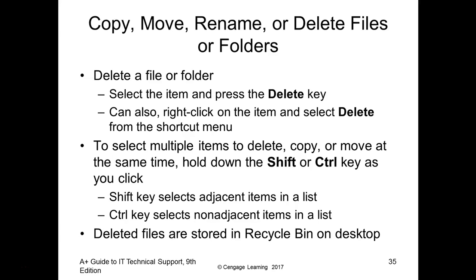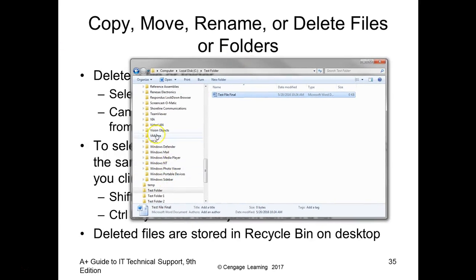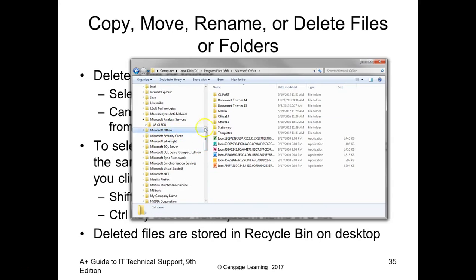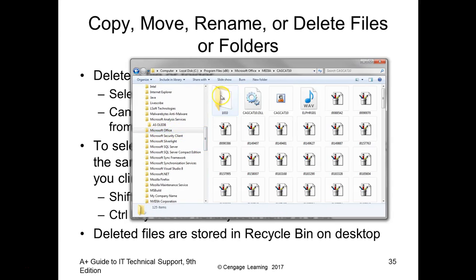Okay, there's also different ways to select multiple items if you need to. Okay, for instance, if I go in here and let me find a location where I've got several different items, there we go.